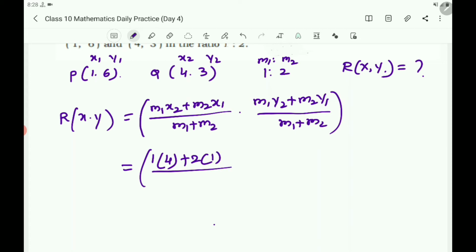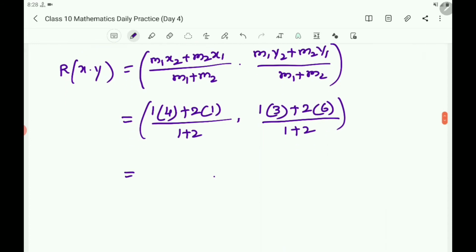That divided by m1 plus m2, which is 1 plus 2. Then m1 into y2, m1 is 1, y2 is 3, 1 into 3 plus m2, m2 is 2, y1 is 6, 2 into 6. That divided by again m1 plus m2 is 1 plus 2.